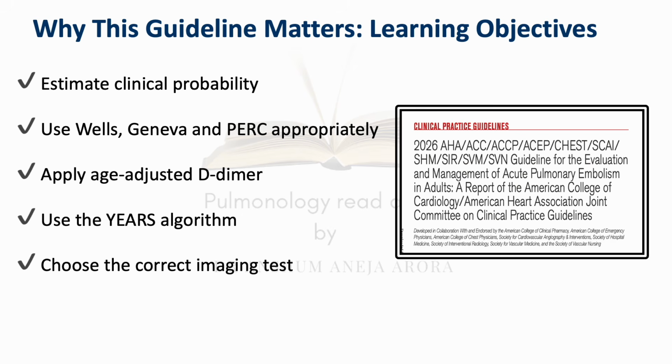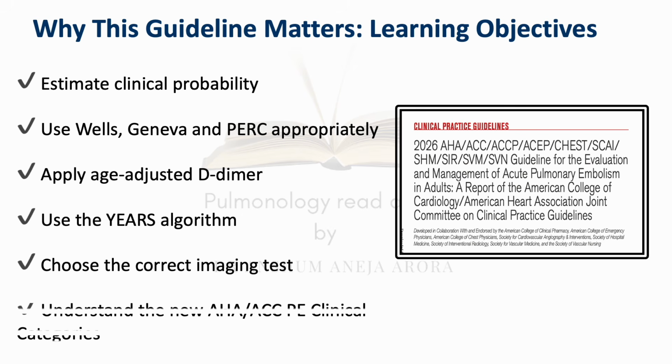With that, one can choose the correct imaging and we can then understand how to treat our patient based on the clinical categories. So, this is what this guideline offers and it is much refined as compared to previous years.